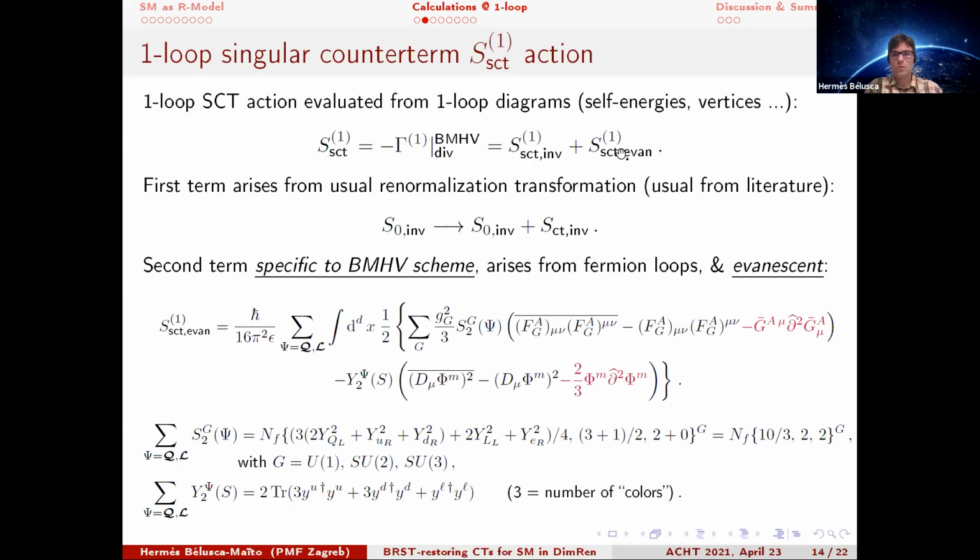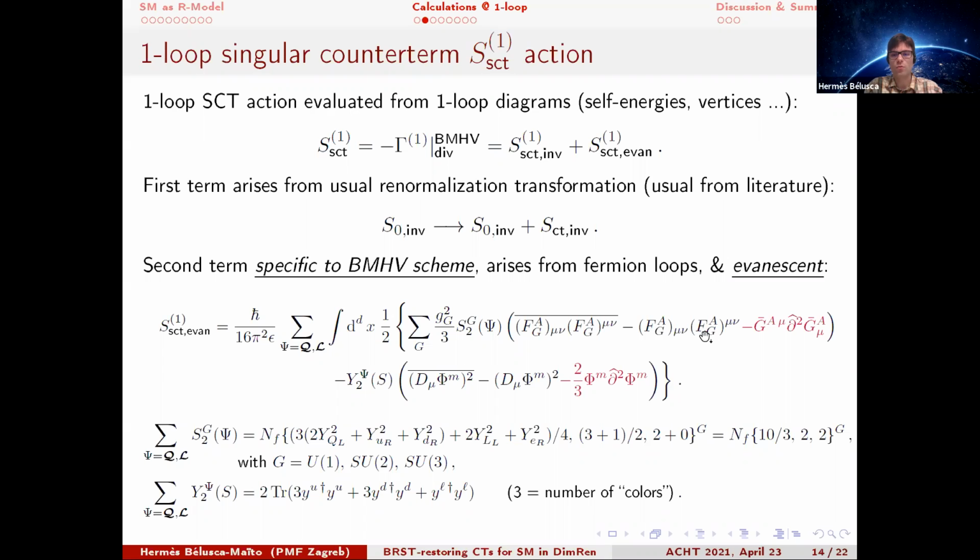And in addition to that, we have an evanescent contribution in the singular counterterms that is specific to the BMHV scheme. And basically, it comes from a contribution that originated from diagrams with fermion loops. So for the standard model, it has this structure where you see that there is the difference of the loop correction to the gauge boson kinetic term, if you want.